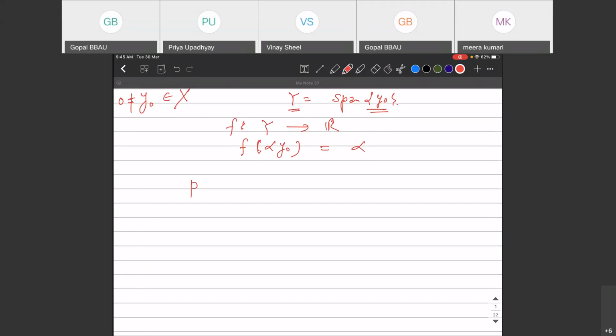For proving, we use a sublinear functional P from X to R. So can you give me an example of a sublinear functional on the whole of X? Say we have a linear space, or a vector space, both are the same. Say we have a linear space X. Can you give me an example of a sublinear functional on X? Any idea?